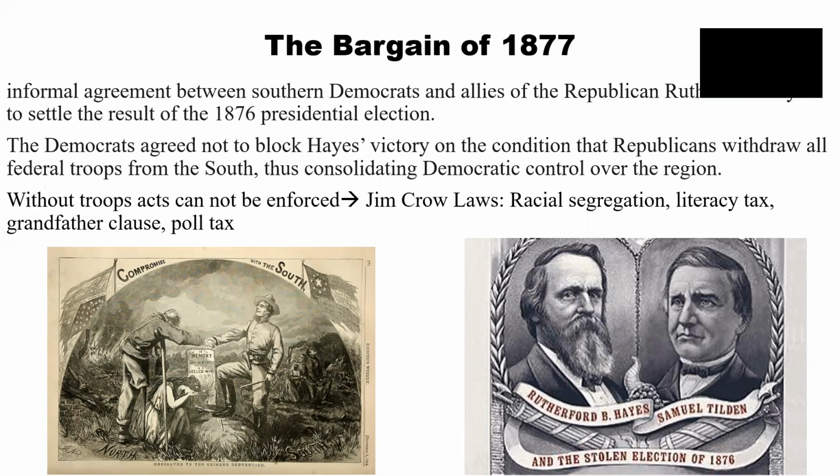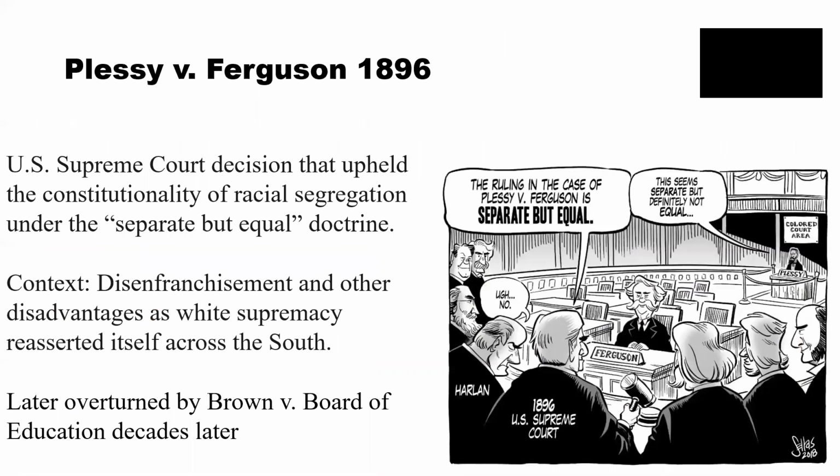Thus, you have Jim Crow laws, which pushed for racial segregation, literacy tests, the grandfather clause, poll taxes, etc., that denied African Americans these rights they were granted during Reconstruction. So that really marked the end of Reconstruction and proved that Reconstruction ultimately, even though it was successful at the start, failed.